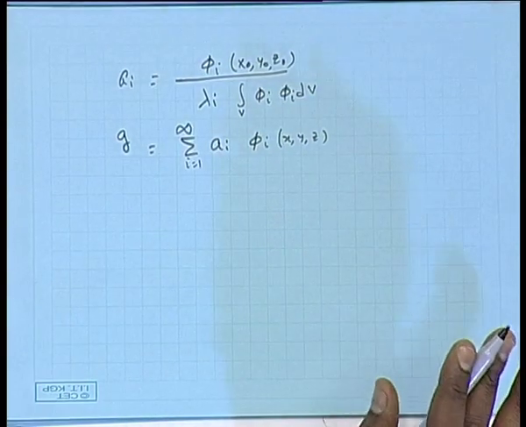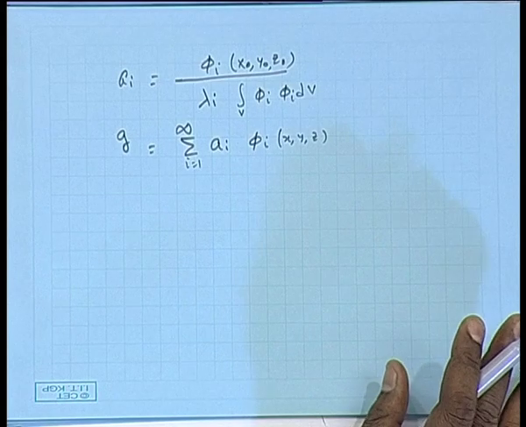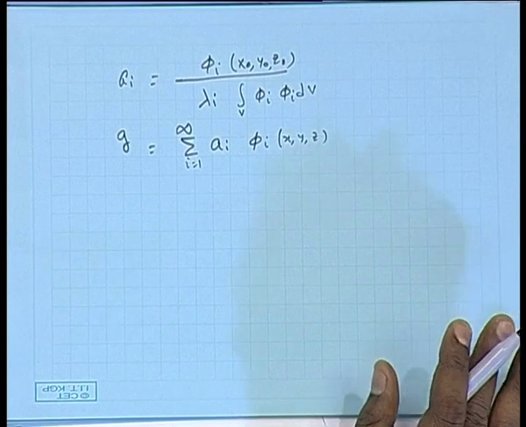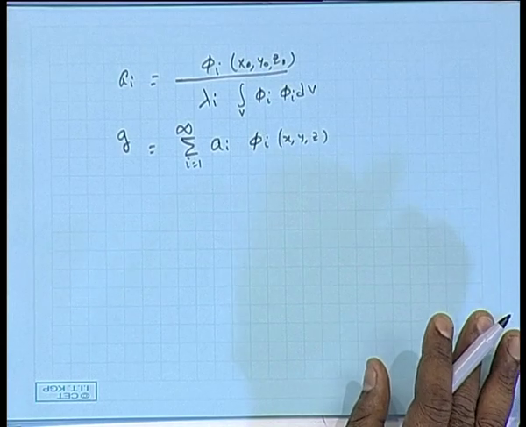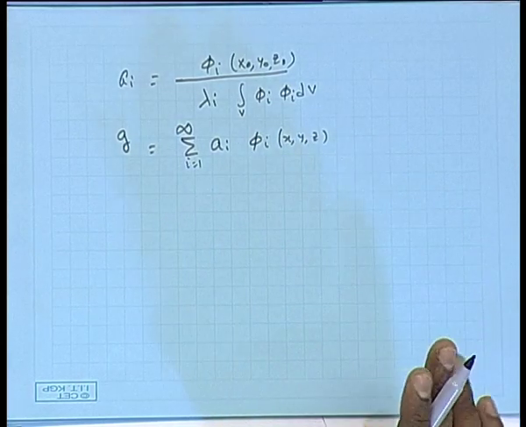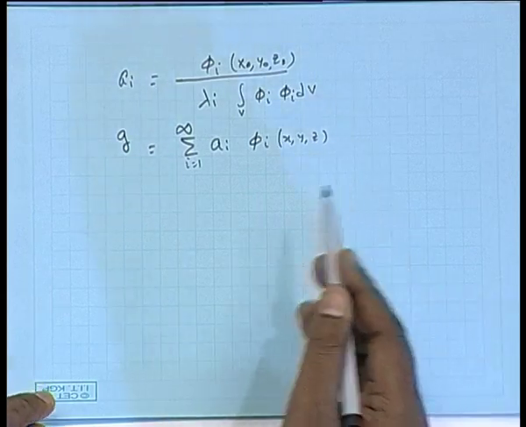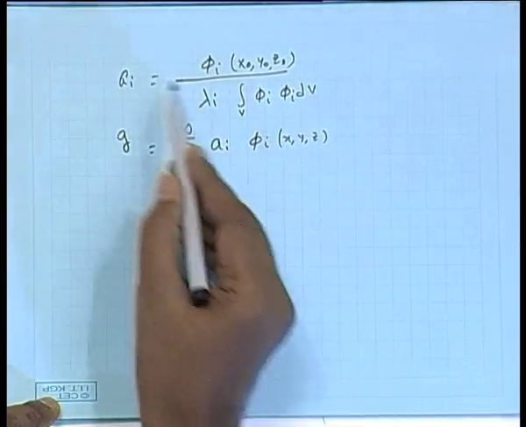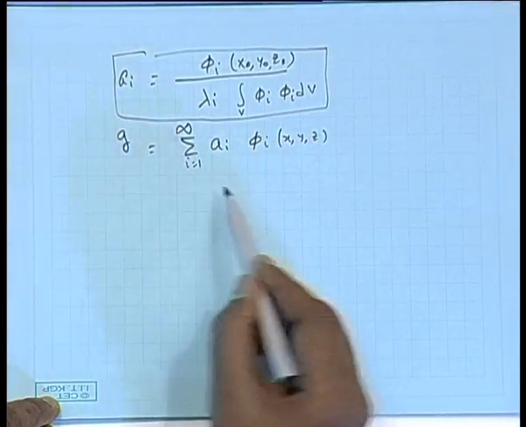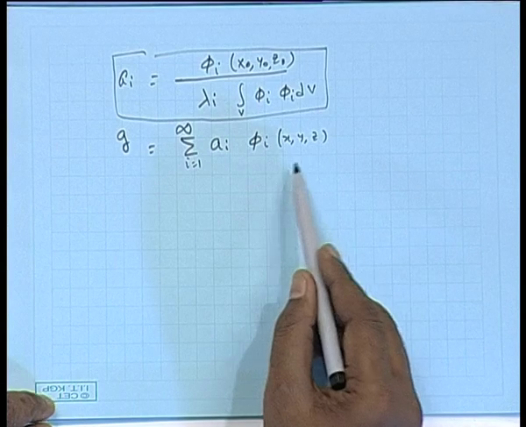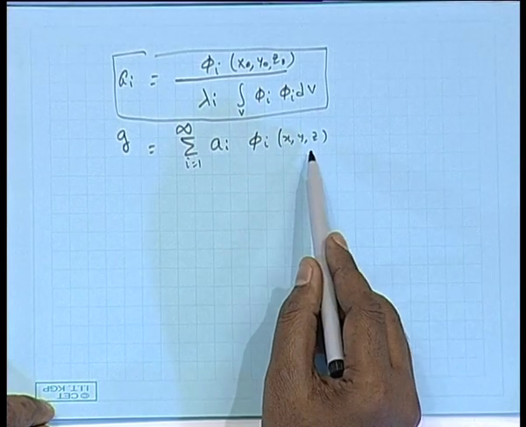So, what you have to do? You have to construct the corresponding eigenvalue problem. You have to solve for the eigenfunctions, which we have done a number of times whenever we are looking into the problems using separation of variables. Once you get the eigenfunction, then you can write down your A I. So, you can express your Green's function as a summation of all these eigenfunctions. Okay.